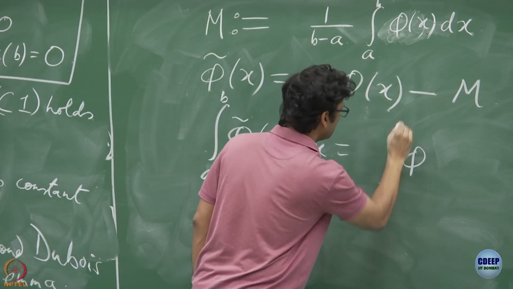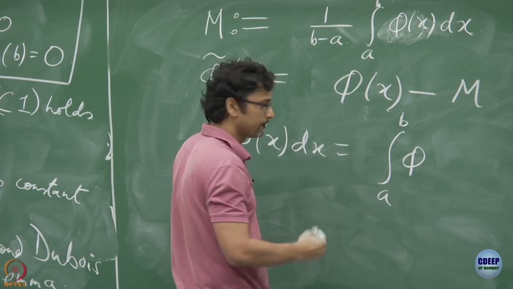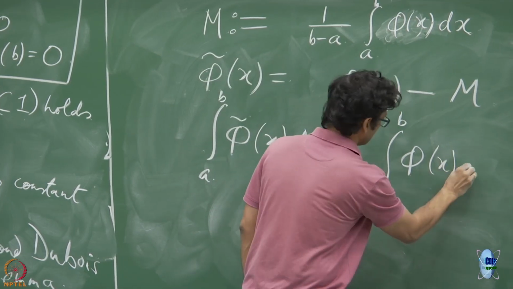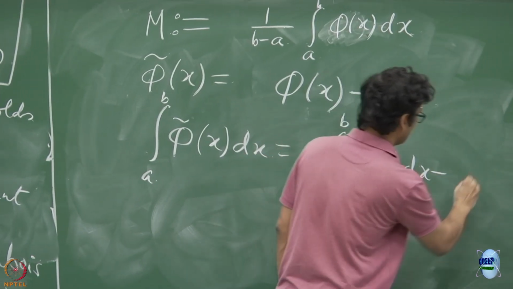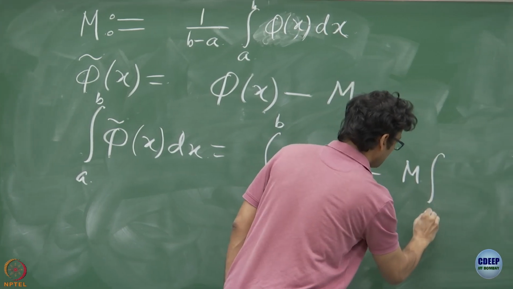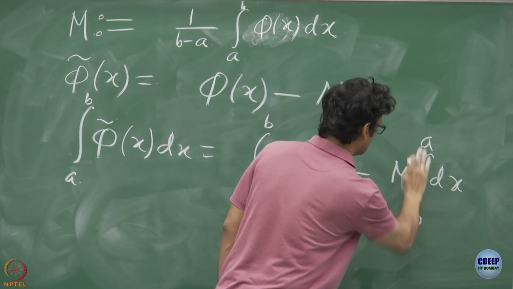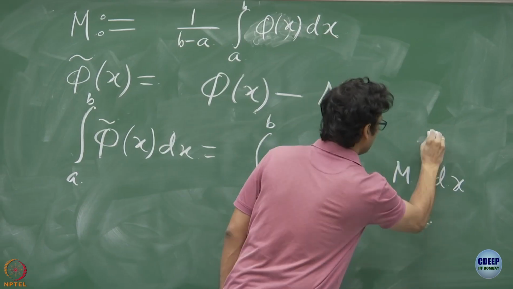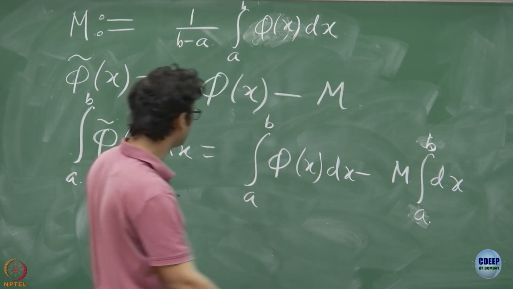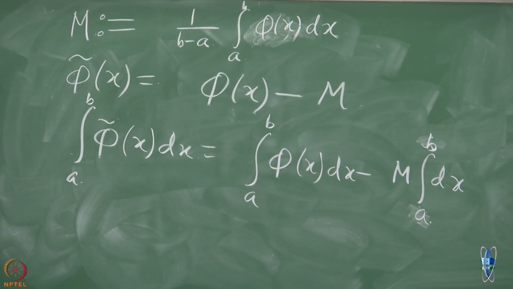I can just split it up into two parts, right? a to b dx. So, what can we say?